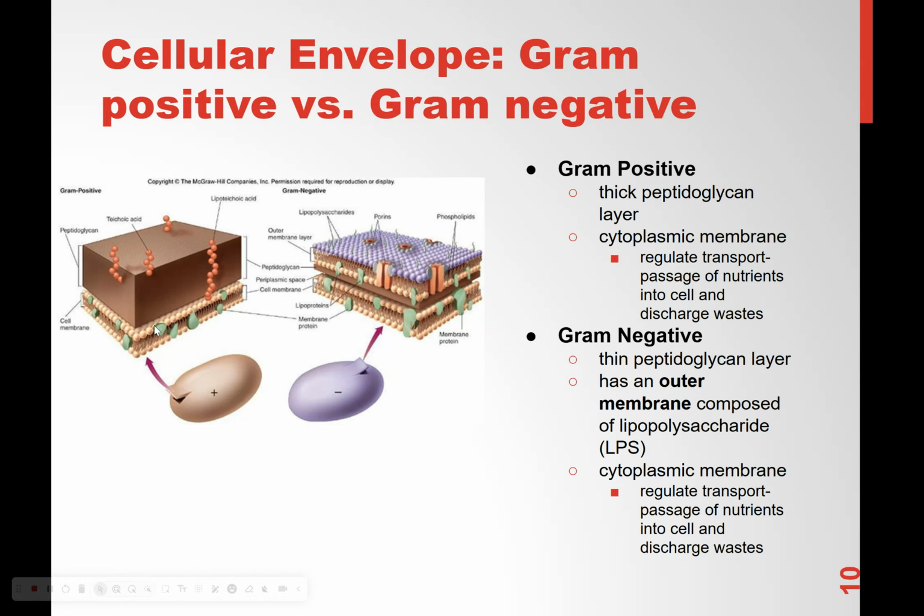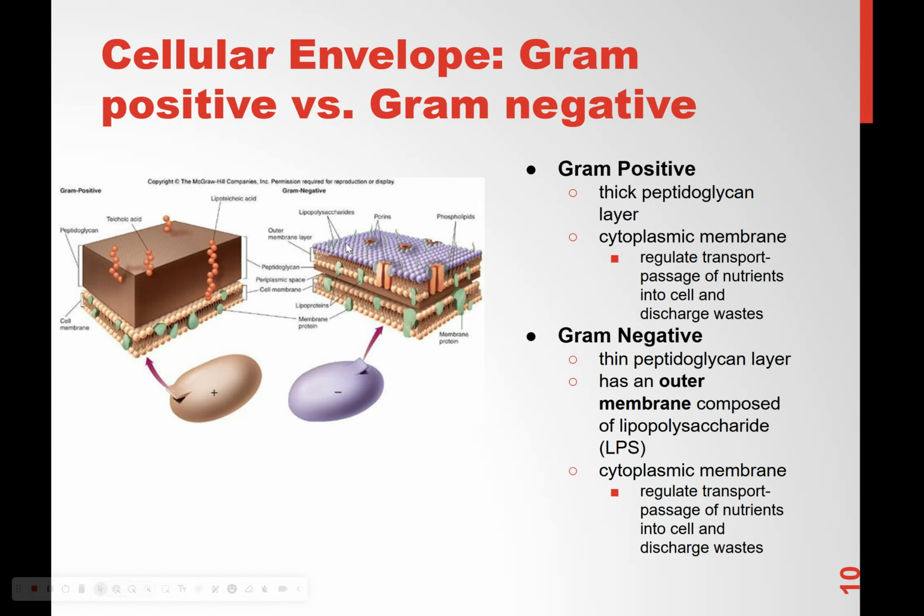We utilize iodine to help it stay. But if we are gram-negative, our peptidoglycan layer is much thinner. Look at this brown layer down here, very, very thin compared to this thick brown layer right here, right? So the crystal violet doesn't necessarily stick because it's so thin.